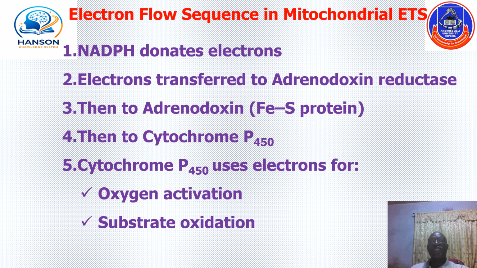The electrons are transferred to adrenodoxin reductase, then to adrenodoxin iron sulfur protein, then to cytochrome P450. Cytochrome P450 then uses the electrons for oxygen activation and substrate oxidation. Please take note of this.